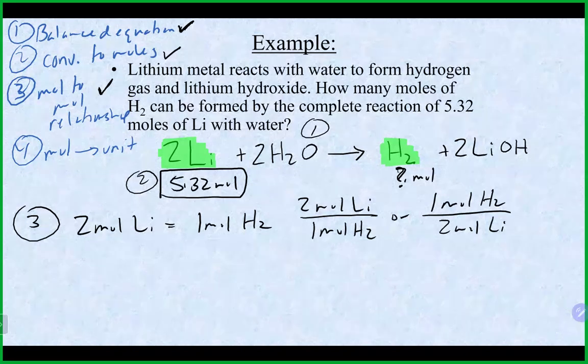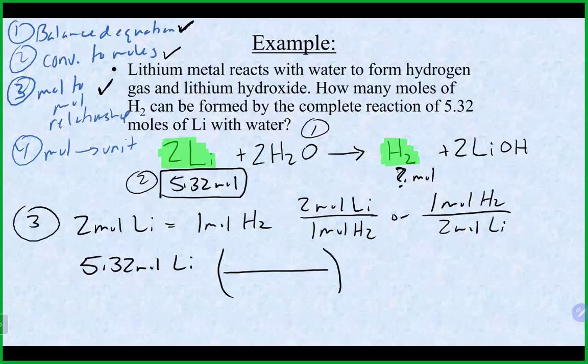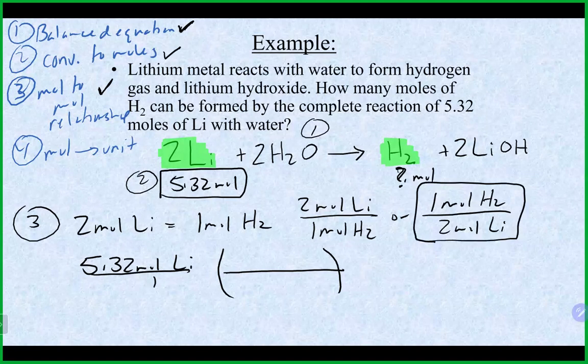So now taking our number there, 5.32 moles of lithium, we're going to just do a dimensional analysis. Opposites cancel. So lithium's up on top, so we want it in the opposite location. So that makes our decision of conversion factors pretty easy. Should be the one on the right there, which will give us 1 mole of hydrogen over 2 moles of lithium.